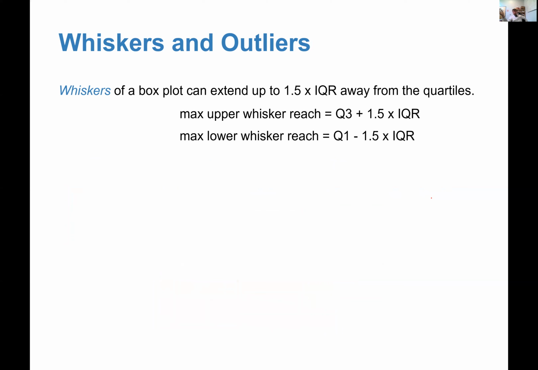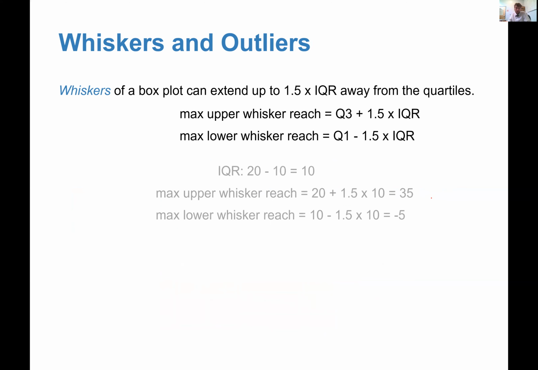Whiskers of a box plot can extend up to 1.5 times the IQR. But if you run out of data, then you just make them shorter. So they can be shorter than that, but the maximum is 1.5 times the IQR.